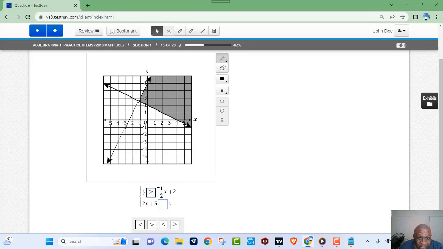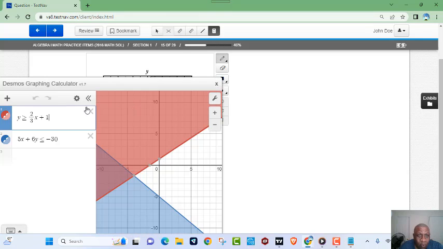It's less than because it's shading everything less than, and it's a dashed line, so that means less than, no equal to. So y is less than. Let me correct myself here. Y is less than.